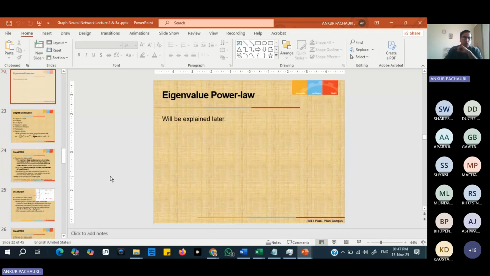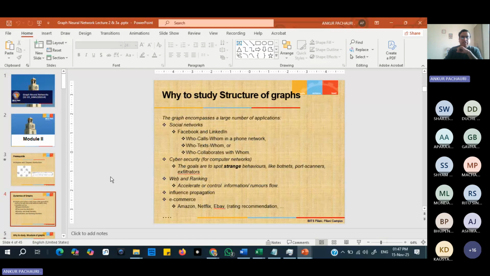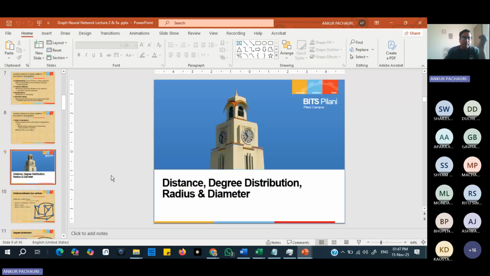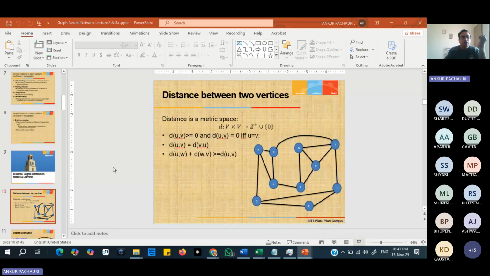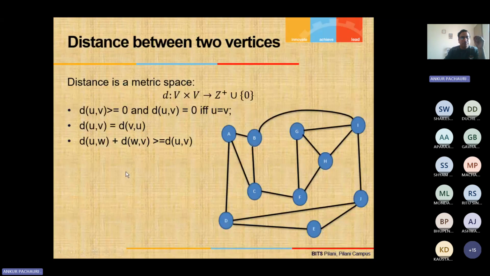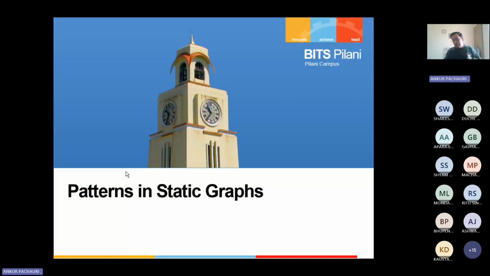So let's move ahead in the direction in which we were working. We have talked about distance, degree distribution, radius and diameter. Now for around 15 to 20 minutes, we will be talking about patterns in static graphs and in dynamic graphs as well. The way to handle a dynamic graph is to solve it on a static graph, but repeat it again after some interval of time.